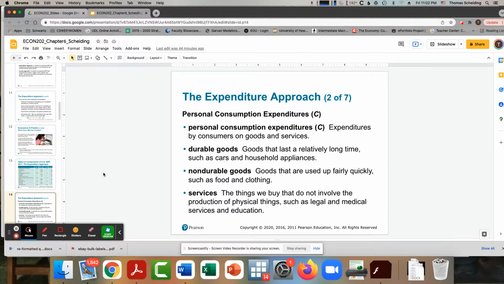Non durable goods: food, soft drinks, gasoline, clothing. And then you've got the services, like you paying your tuition for this class. That would be a service that I am delivering to you.